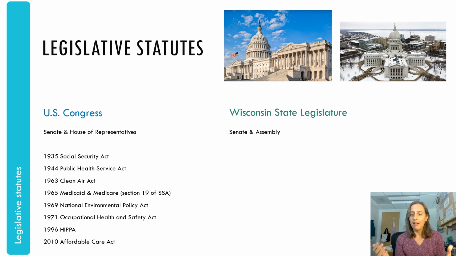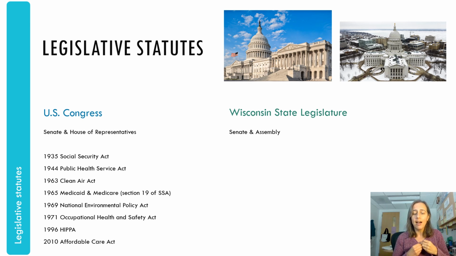So as a resident of Wisconsin, you have senators, Tammy Baldwin and Ron Johnson, who go to U.S. Congress. You also have representatives in the House of Representatives that represent you at the national level.